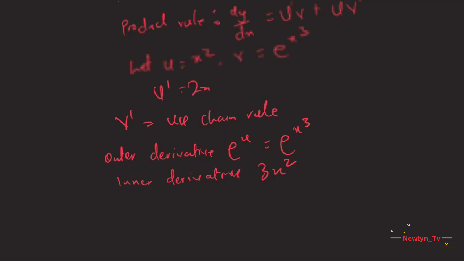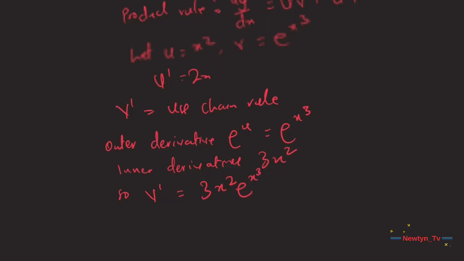So v prime will be 3x squared e exponent x cubed, right?